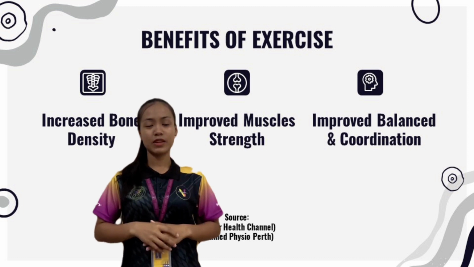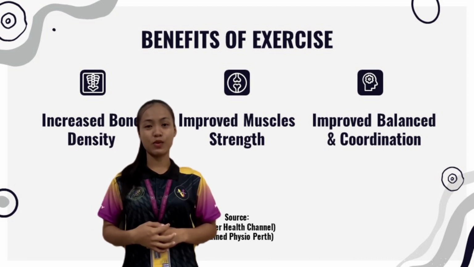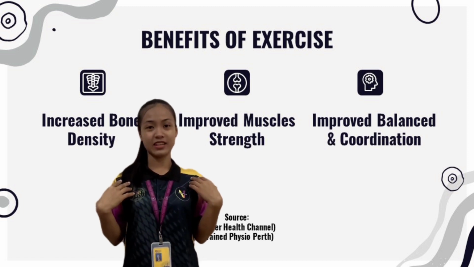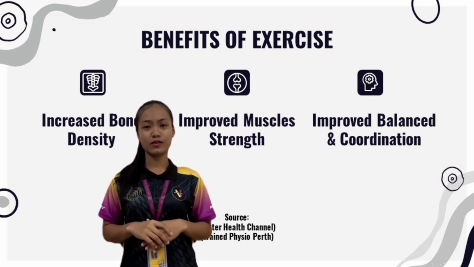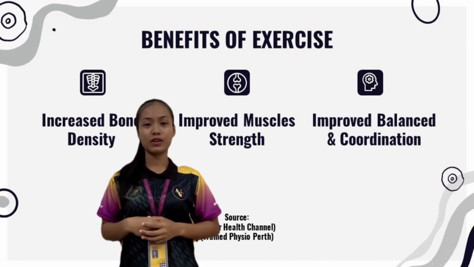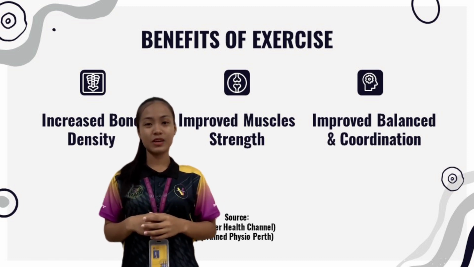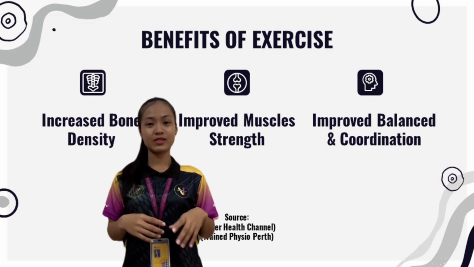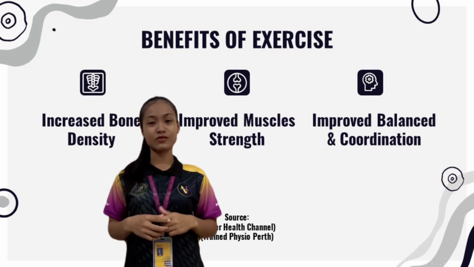The last benefit of exercise is that it can improve body balance and coordination. This is very important and very helpful for individuals with osteoporosis because this can reduce the risk of fractures and falls.